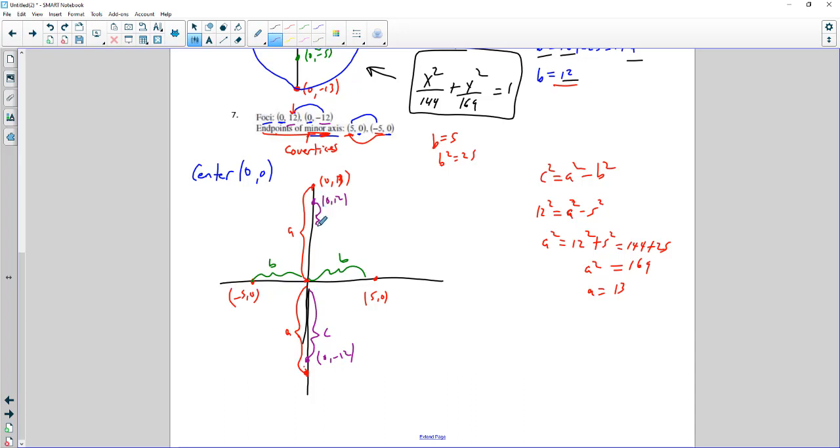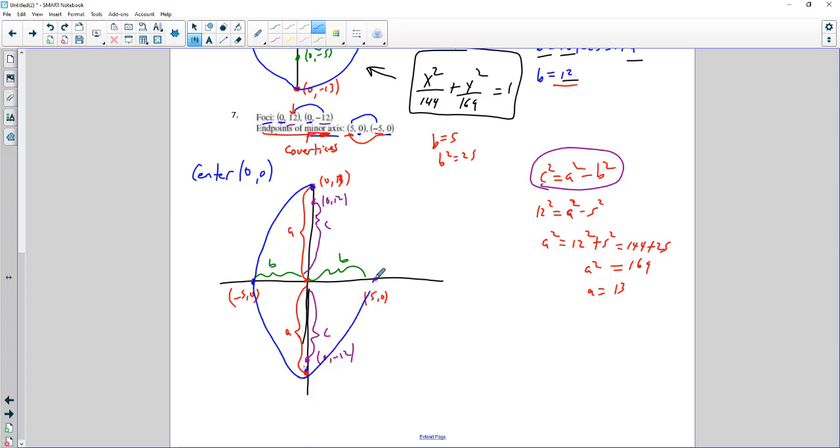So this will be called c as well. So the deal is c squared, that distance to each focus, is equal to a squared minus b squared. It's half of the major axis minus half of the minor axis, both of them squared. Kind of how that works. So we're going to connect this point, connect this point, connect this point, connect this point if we were to draw such a thing. And it would look like this.